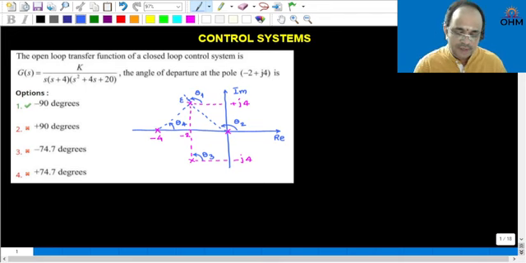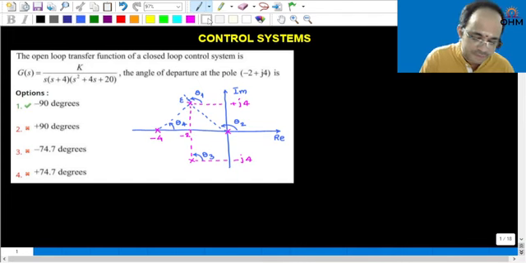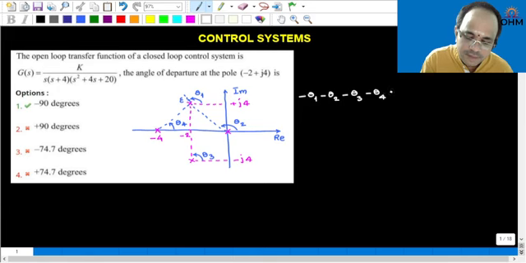Now, in order to find the angle of departure, by applying the angle criterion, the summation of all angle contributions from all open loop poles to the test point will be an odd multiple of 180 degree. As all are poles only, no zeros given in the question, we can take minus theta 1, minus theta 2, minus theta 3, minus theta 4 is equal to 180 degree.